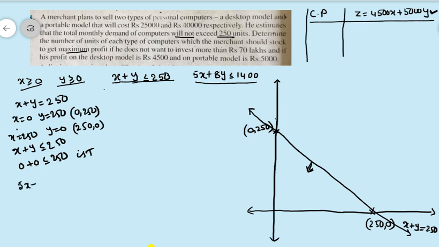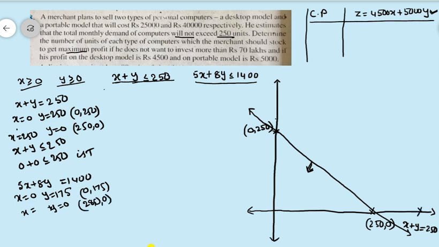Next one is 5x plus 8y is equal to 1400. Now what happens here, when x is equal to 0, you will get y is equal to 175. That's why 0 comma 175. Next, when y is equal to 0, you will get x is equal to 280, so 280 comma 0, right?